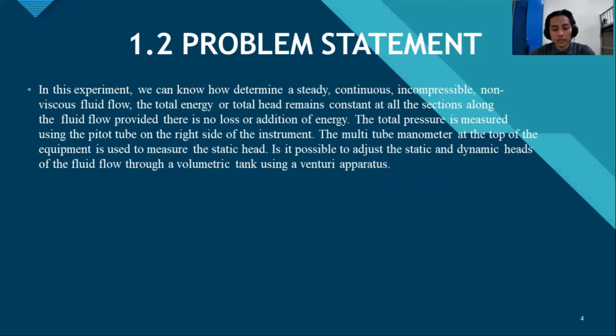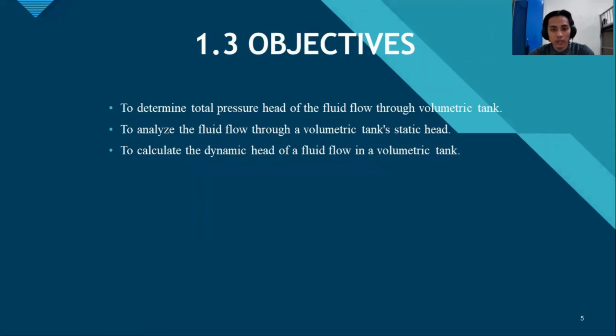The total pressure is measured using the pitot tube on the right side of the instrument. The multi-tube manometer at the top of the equipment is used to measure the static head. Is it possible to adjust the static and dynamic head of the fluid flow through a volumetric tank using a venturi apparatus?